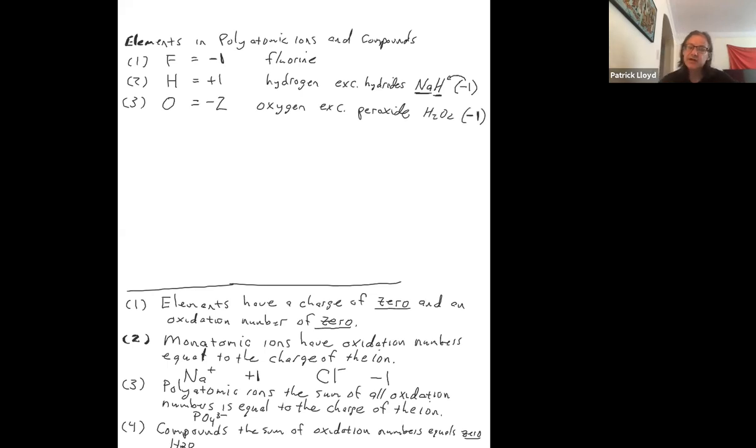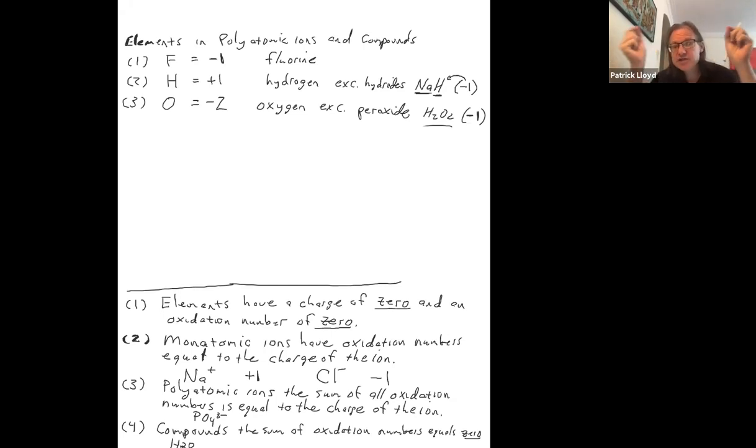So it's generally -2, but in the case of a peroxide it is -1. There aren't very many peroxides out there. Hydrogen peroxide is by far the most common. You really have to go into organic chemistry to see other types of peroxides. They do exist, but they're relatively rare. The main focus for us will be dealing with oxygen being -2.